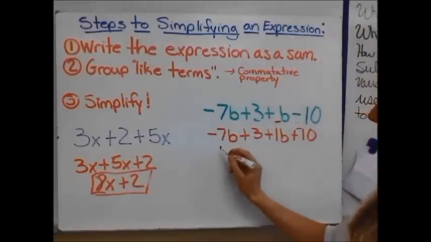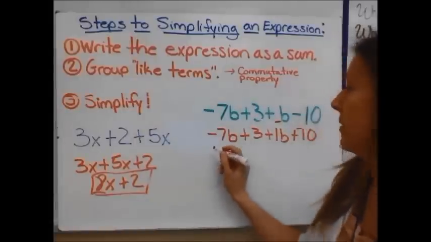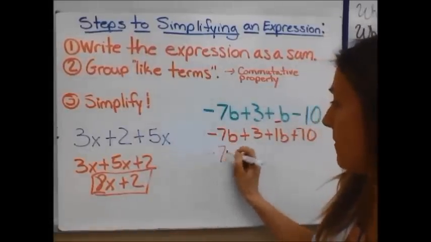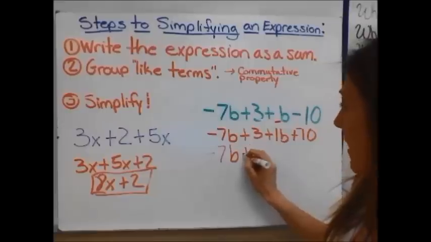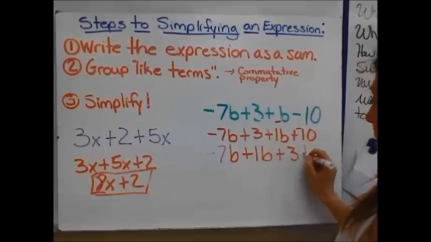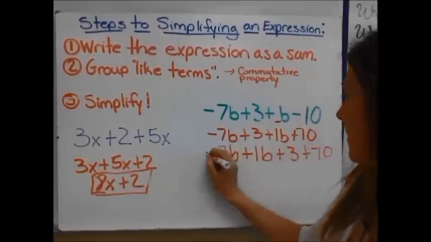So now I'm going to group my like terms. I'm going to put all my like terms together. So I have negative 7b plus 1b plus 3 plus a negative 10.